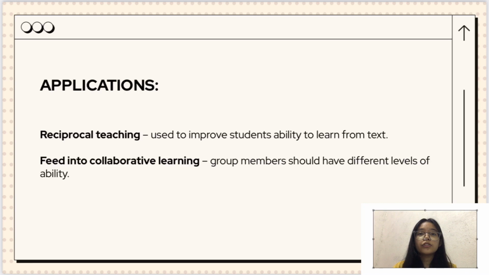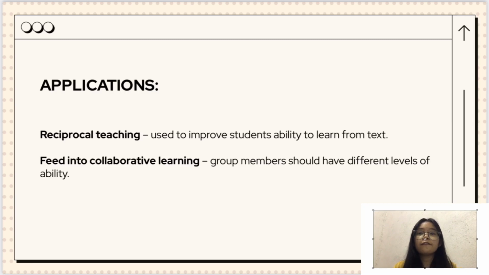So, let's move on to applications. We have reciprocal teaching. It is used to improve students' ability to learn from text, which means teacher and students collaborate in learning and practicing skills like summarizing, questioning, clarifying, and predicting.